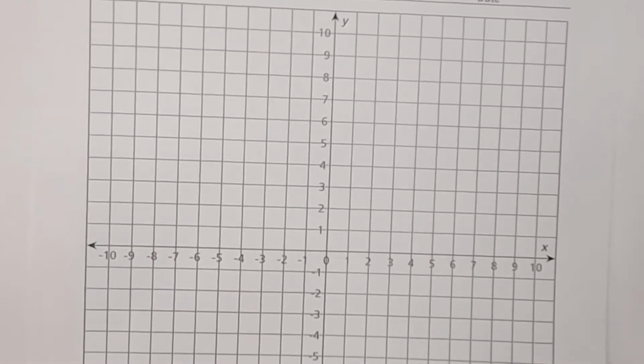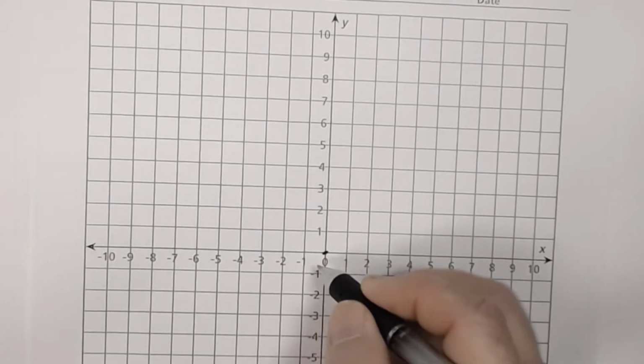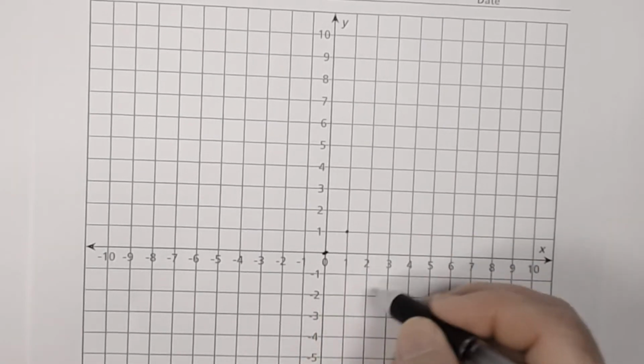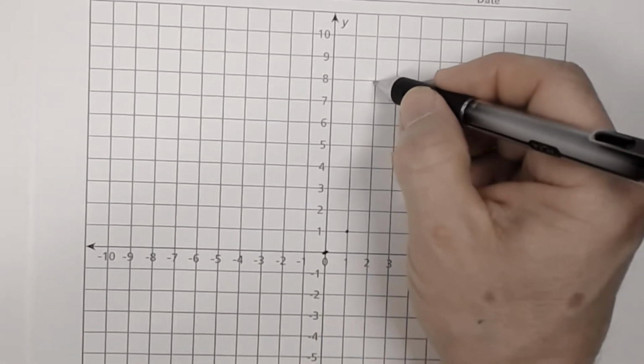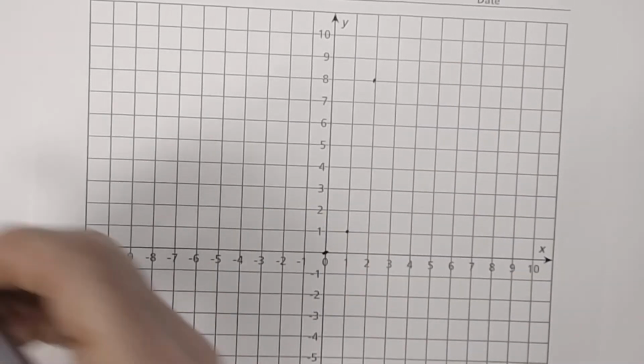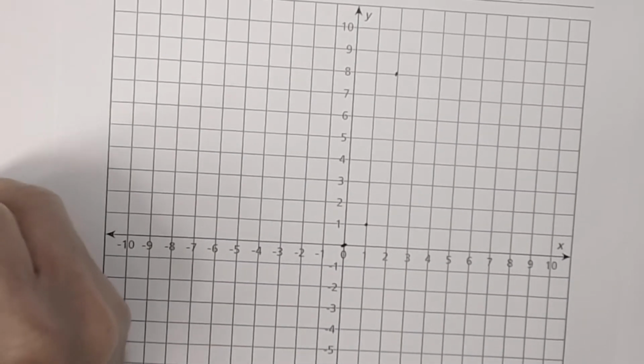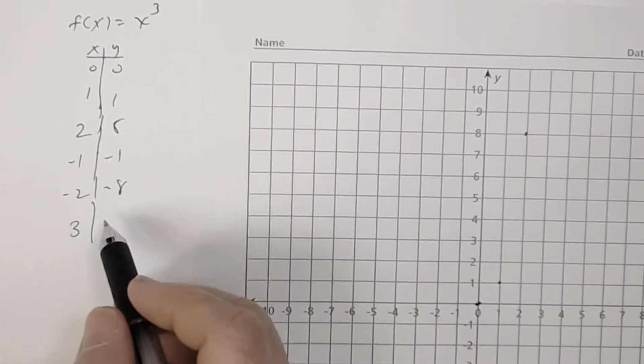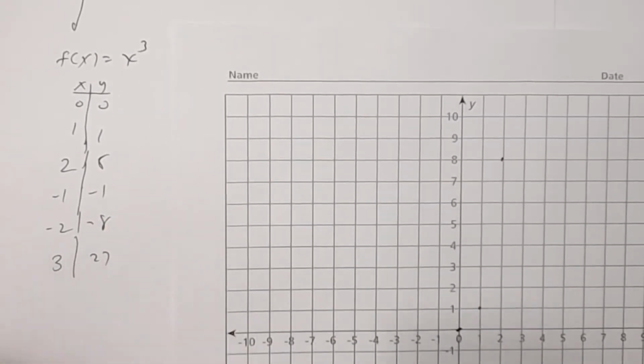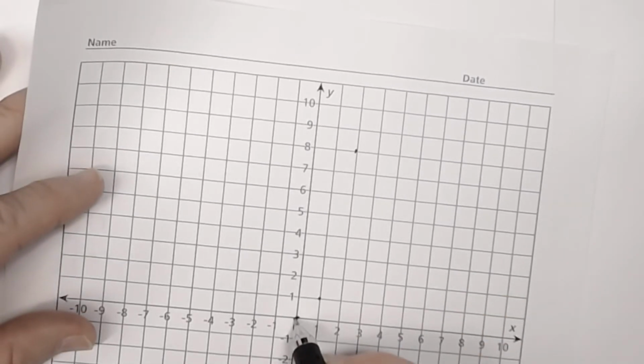And so what happens is this. I get this graph, so I have 0, 0. I have 1, 1, and I have 2, 8, way up here. And then if x was 3, I would get 3 cubed, which is 27. And I didn't do that because I didn't have enough space. So the graph kind of looks like this.